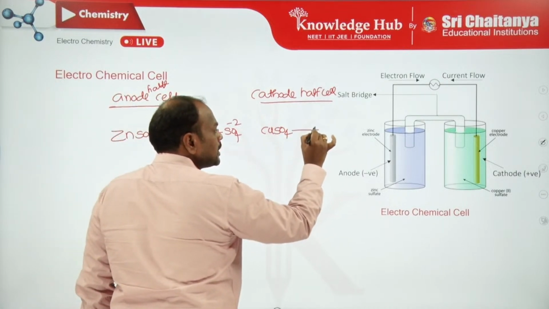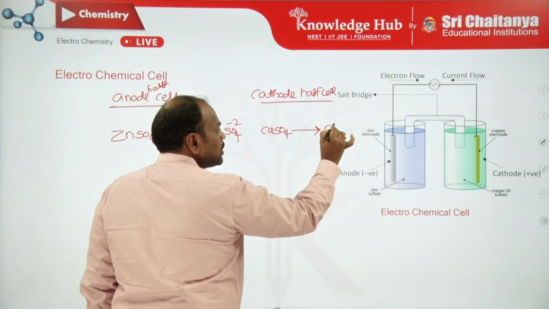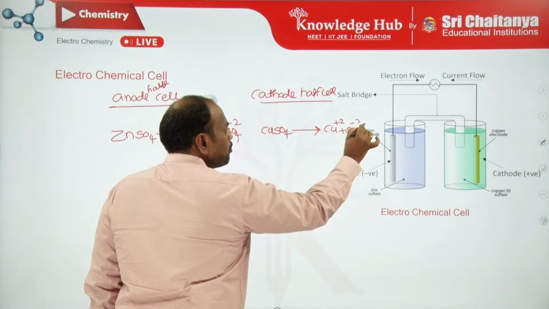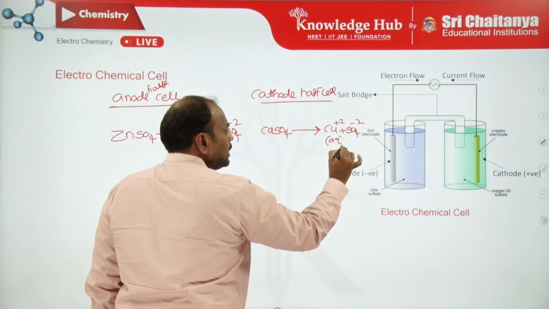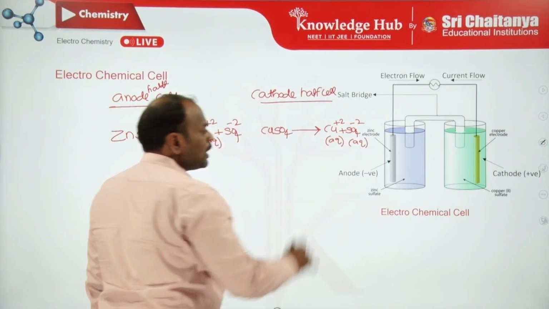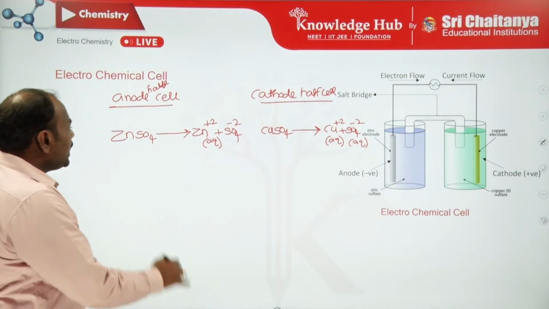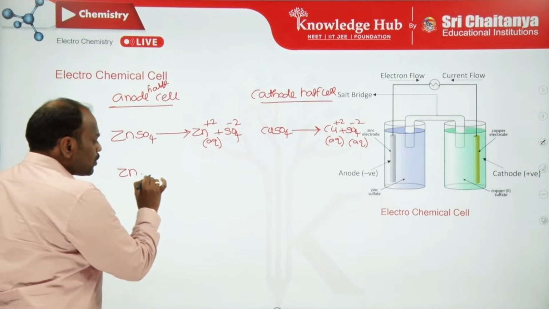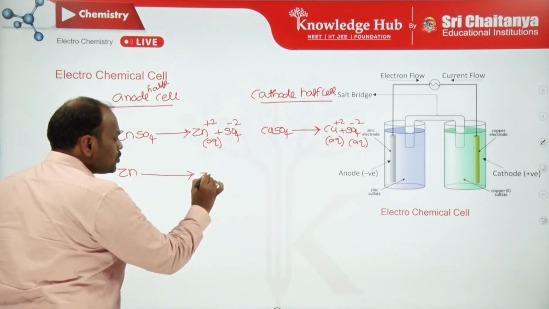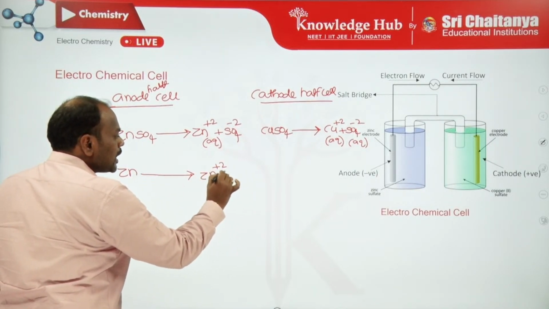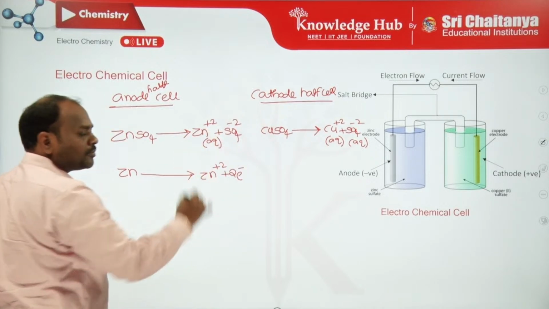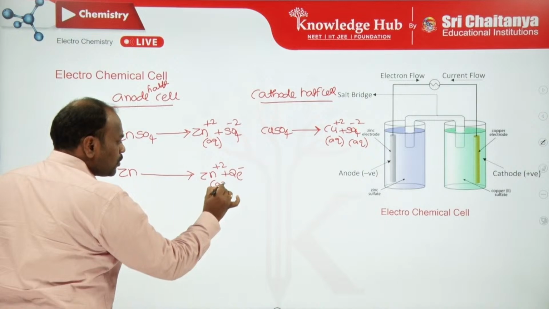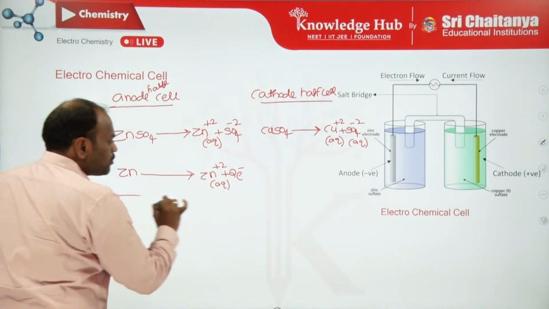CuSO4 is dissociated into Cu2+ and SO4 2-. These are in aqueous form. Simultaneously on the left side the zinc electrode is present. The zinc electrode is dissociated into Zn2+ and 2 electrons. This is converted to aqueous by absorption.